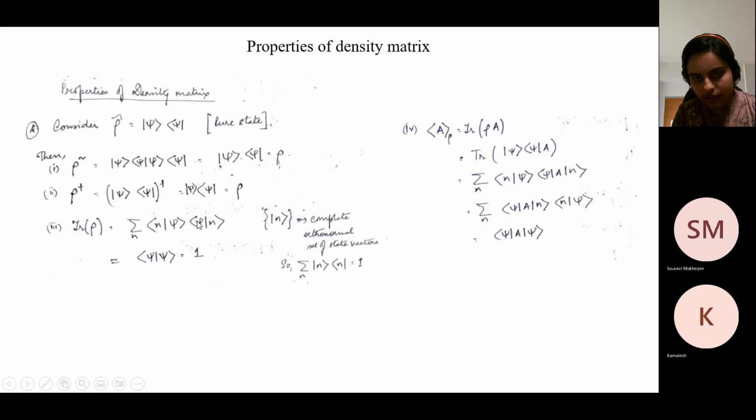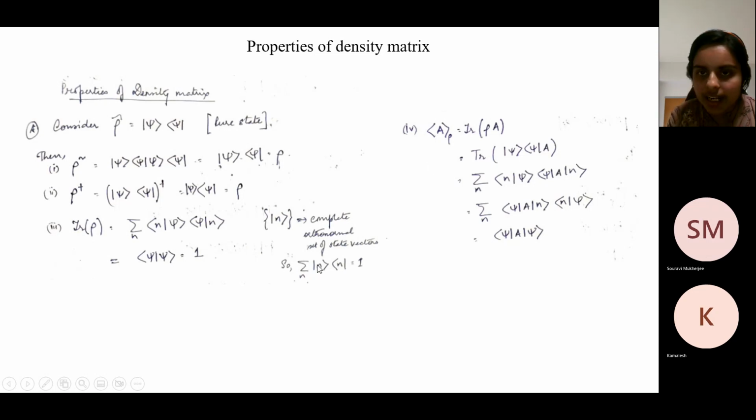But then you can interchange the order of these terms. What you get in the middle is a summation over n of the outer product of n and n, and because it's a complete orthogonal set, that is 1. So the trace of this pure state density matrix turns out to be 1. Is this part clear?